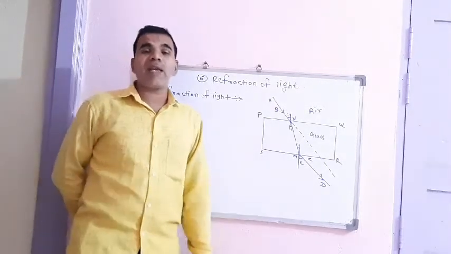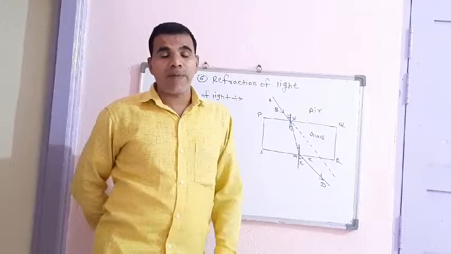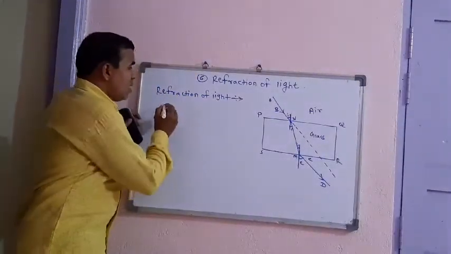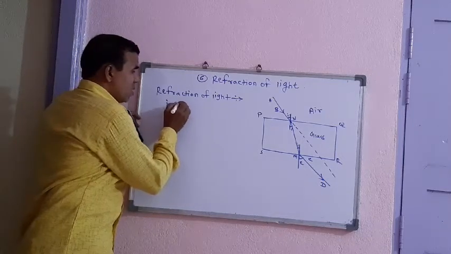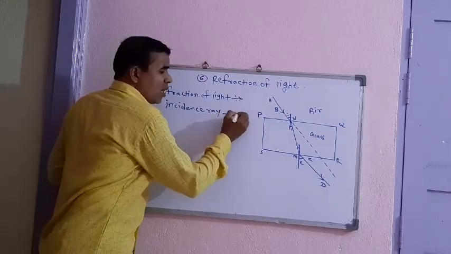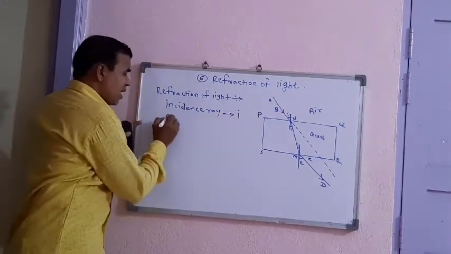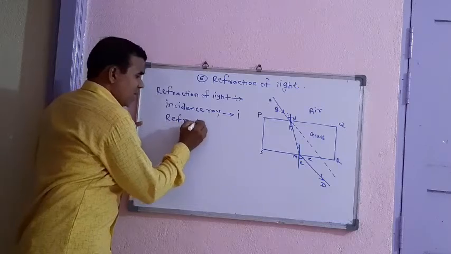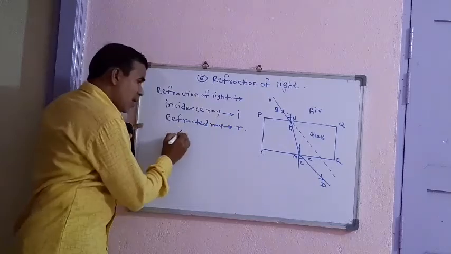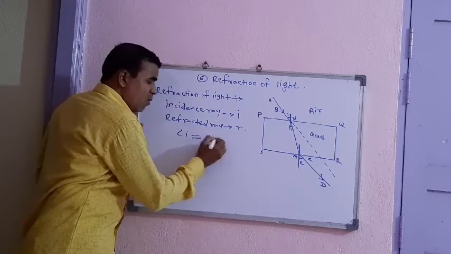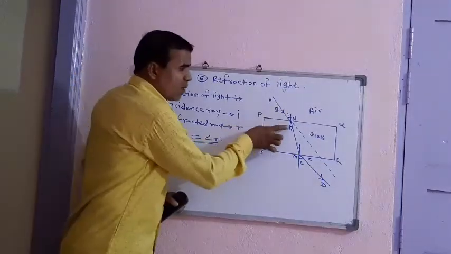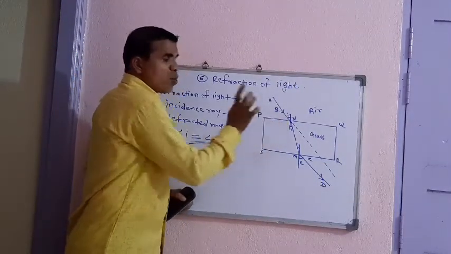Incident ray and refracted ray are always opposite to each other. It is very important. The angle of incidence is denoted by I, and the angle of refraction is denoted by R. Angle of incidence and angle of refraction are always opposite to each other.